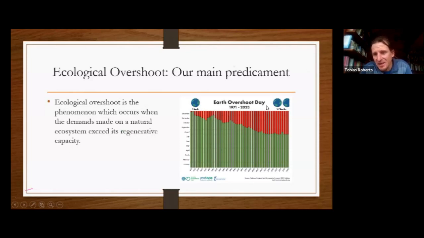Essentially what that means is that the amount of physical materials and the amount of energy we need for our economic system, as a global system, we are using the amount of materials and energy of 1.7 Earths. The problem, of course, is that we don't have 1.7 Earths. We have one. So we are drawing down our capital.